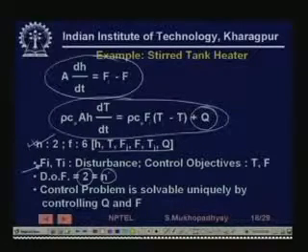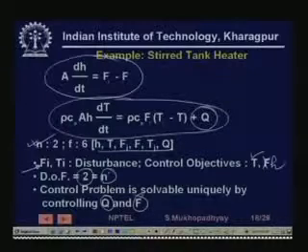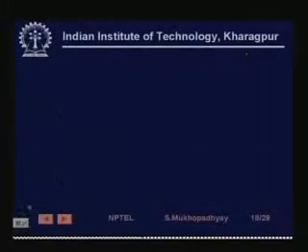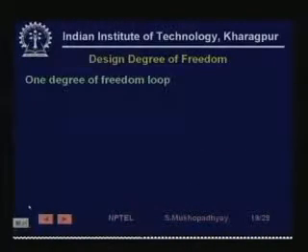So if you want to set T and H by controlling Q and F, this would be possible. So this is what degrees of freedom is about.